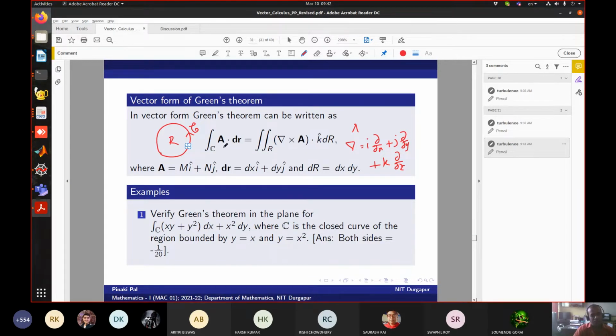If A is a force field, then this will give us the work done, and this can be calculated by this. Mathematically, it depends. We know this relation, so whichever is easier we will use to calculate.